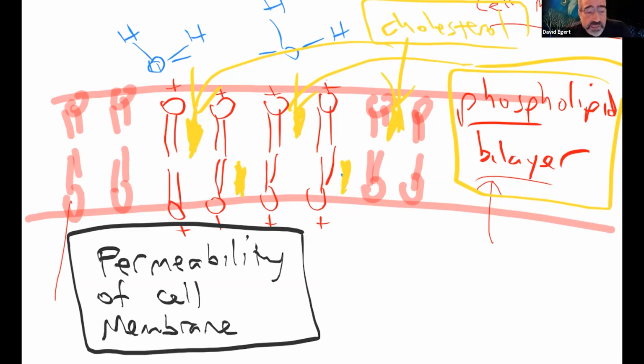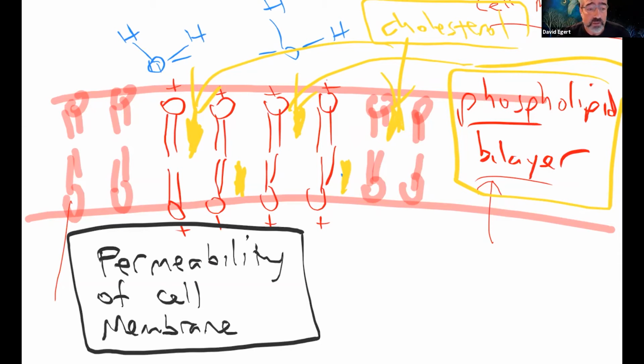We're going to be spending a lot of time talking about what can move in and out of a cell and how it's controlled. So before we get into all of that, let's look at the basic properties of a cell membrane as a phospholipid bilayer, and just what can naturally move across a cell membrane without any help at all.